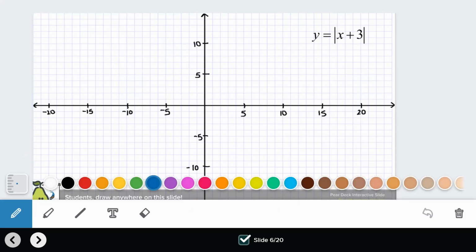This one is an absolute value graph, and whatever makes my absolute value 0, which is going to be -3, that's going to be the x-coordinate, and then it's going to be 0 because I don't have anything outside of that. So I'm going to go to -3, 0, and put my vertex.